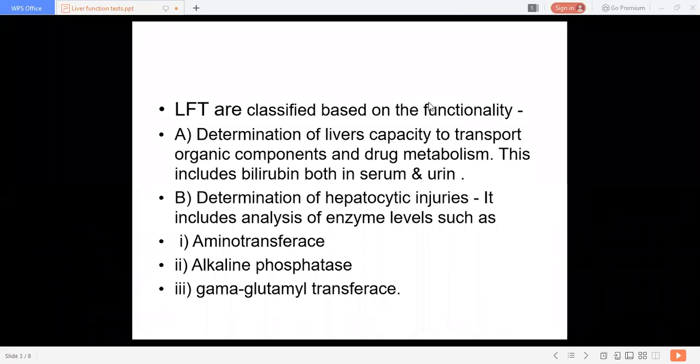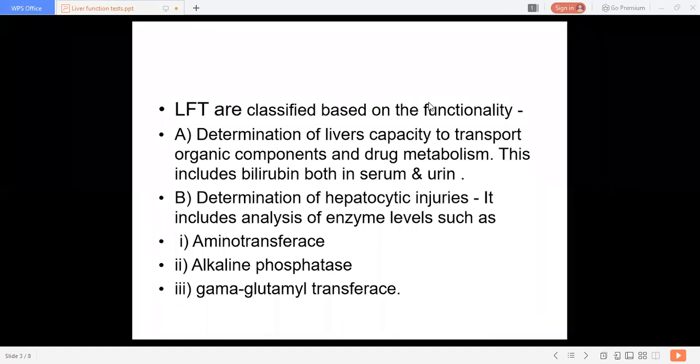So where is this enzyme present in the liver? In the liver, this enzyme is present in the microvilli of the bile canaliculi and the sinusoidal surface of the hepatocytes.